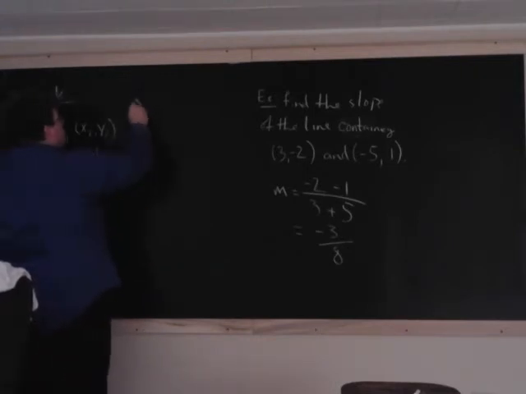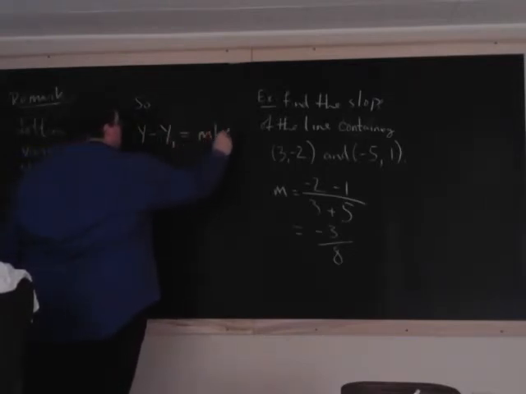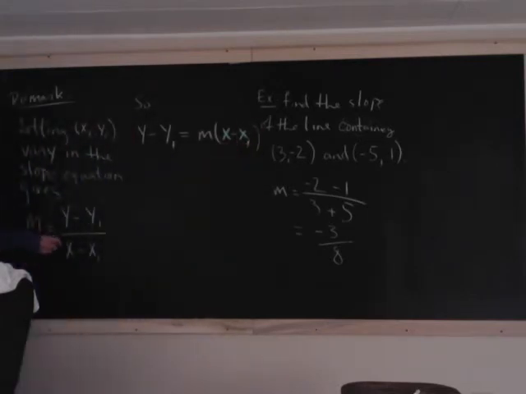So I'll say y minus y1 equals m times x minus x1. So multiply both sides by this denominator. Oh, was that in the way? I hope that's not in the way. It shouldn't be. Multiplying both sides by x minus x1 will cancel it on the right side.